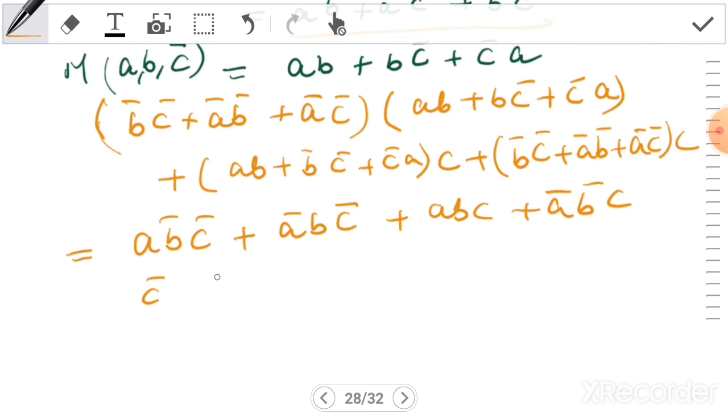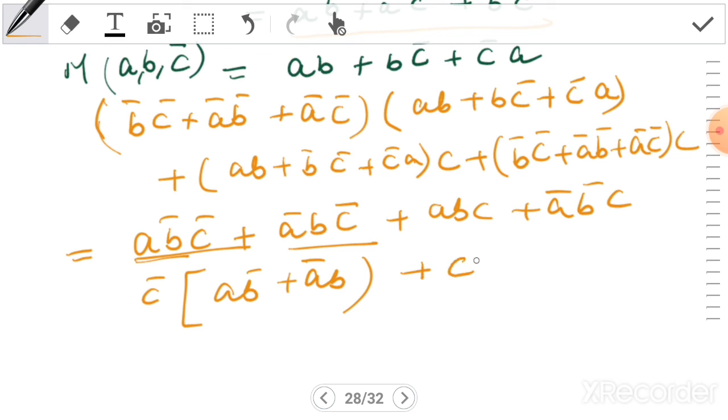So take out C complement common: A B complement plus A complement B, from these two. Again, take out C common: AB plus A complement B complement.